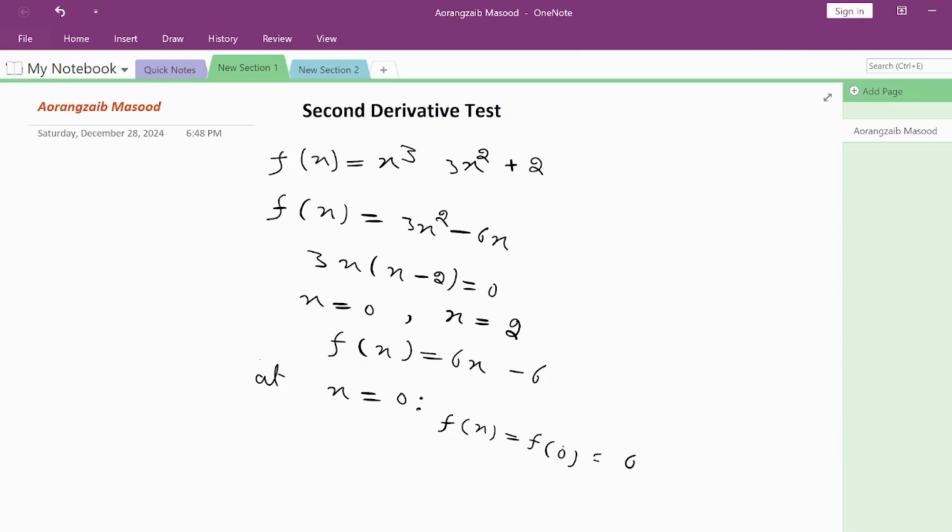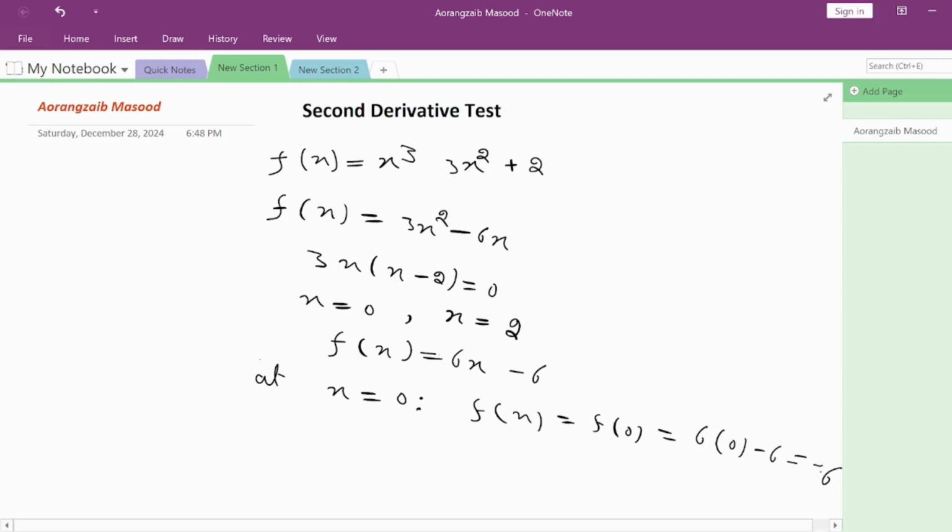Sorry, I am going to rewrite it. f''(0) is equal to 6 times 0 minus 6, which equals minus 6.